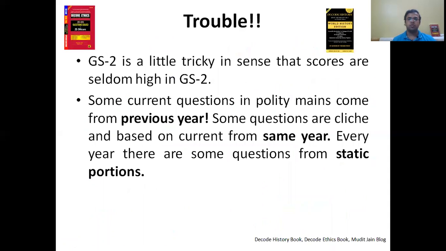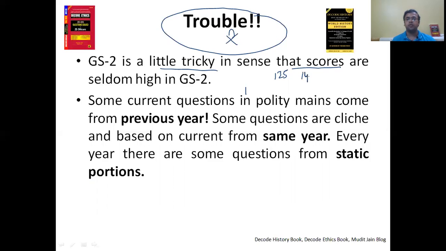Now let me scare you a little. GS2 is a very troublesome paper. Now, why do I say so? Because it is very tricky to score in GS2. You would have heard about 125 plus marks in GS1, in GS3 you would have heard about 145 etc. marks in 2017.